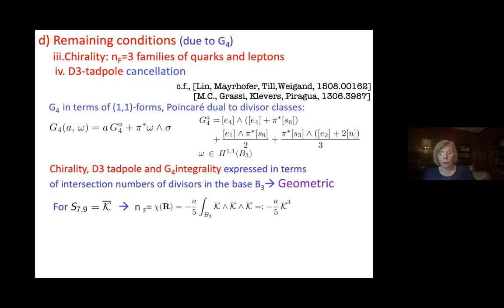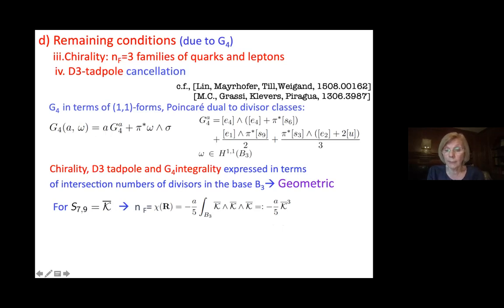Now let's focus on our example that has gauge coupling unification, where these 2 divisors are the same as the anti-canonical divisor. In this case, the number of families can be expressed, as expected, just with the triple intersection of anti-canonical divisors and, of course, the coefficient in this combination of four-form fluxes.